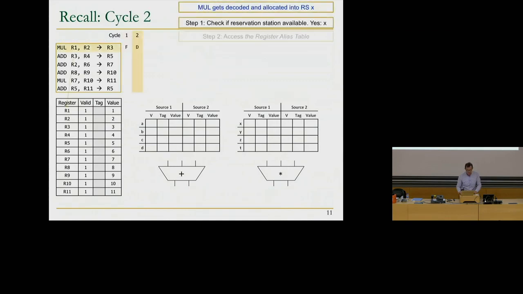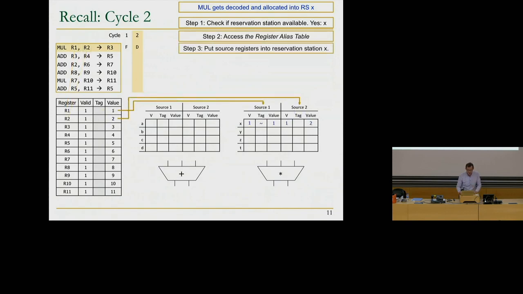Renaming means that you first read the source registers and put them into the reservation station entry that you allocate for this. Then the destination register gets renamed to the ID of the reservation station entry. So at this point, R3 is a name, and it doesn't really exist. It's not really important for anything else in the system, except the next instruction that's going to source R3 will know that it's going to come from X. So R3 is renamed to X.